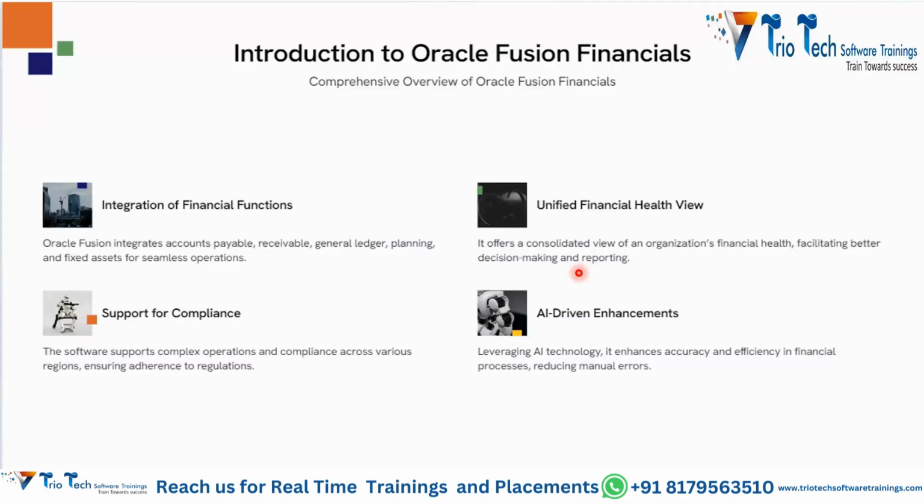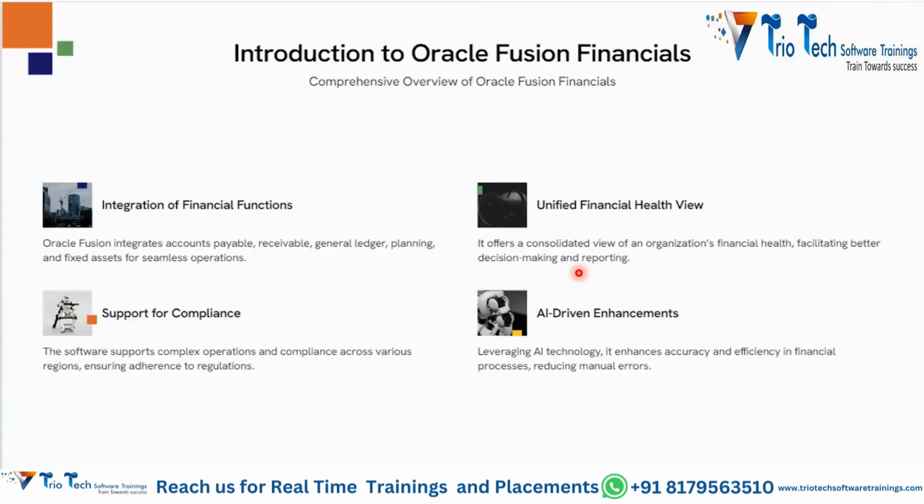And one of the recent additions is AI driven functionality. AI and machine learning are the two latest concepts that have been introduced in the application to enhance the accuracy and efficiency of the financial process and reduce manual effort to the extent possible.